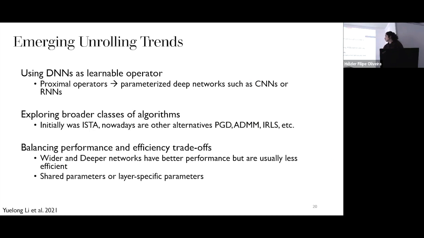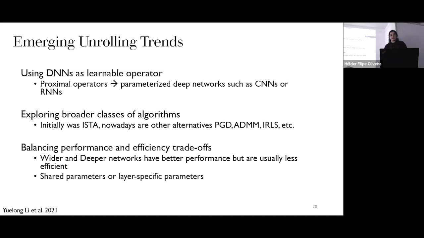And these are some emerging unrolling trends. So the moment that people are unrolling an algorithm, they tend to use deep neural networks as a learnable operator, which is basically the substitution of the proximal operators with parameterized deep networks such as CNNs and RNNs. And they are not just using ISTA as initially; they are using other alternatives as iterative algorithms.